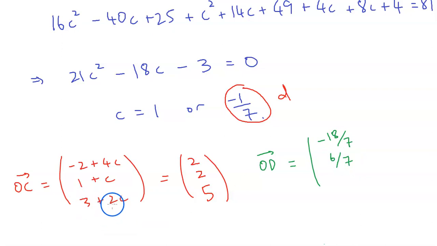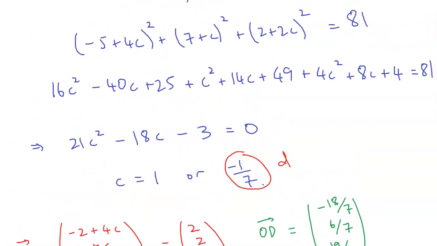And then 3 minus 2/7, so that would be 21/7 minus 2/7, which is 19/7. Another way to write that would be 1/7 times the vector (-18, 6, 19). And that is all for this question.